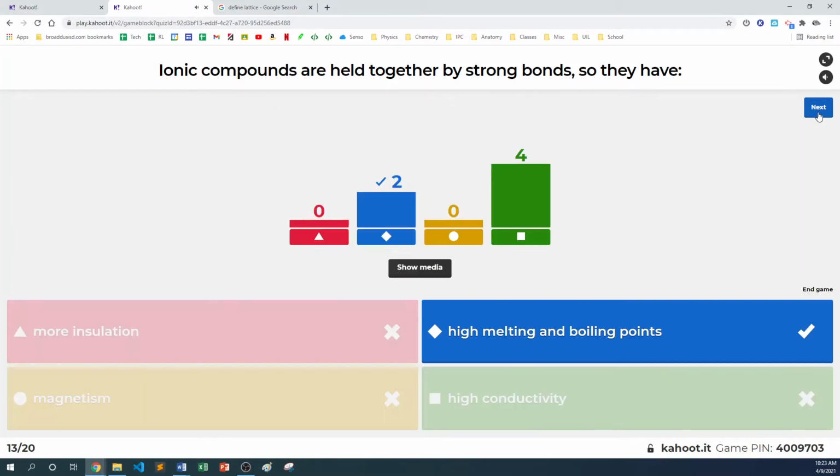They have, and this is something you should know anyway, high melting points and high boiling points. What does it mean to melt? When you're a solid, all the atoms are really tightly, strongly put together. When you start heating up, they're able to slide past each other. If they have very strong bonds, they can't slide past each other, so they have high melting points.